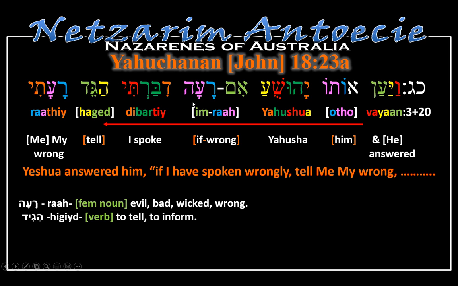Im, if. Ra'ah. Now if we look down here, Ra'ah is a feminine noun meaning evil, bad, wicked, wrong. If wrong, dibarti, meaning I spoke. Haged, tell. Right, now that's an imperative, right? Tell. Because it's like a questioning hey, even though in the verb form, higid is a verb to tell, to inform.